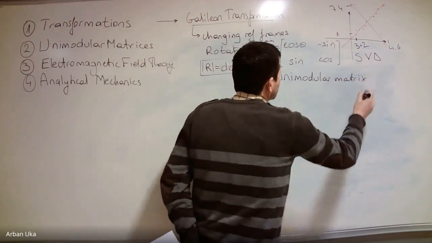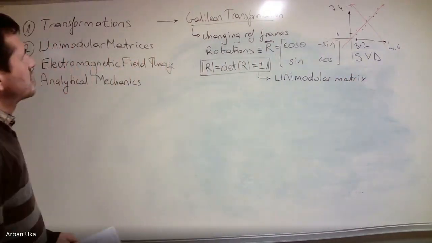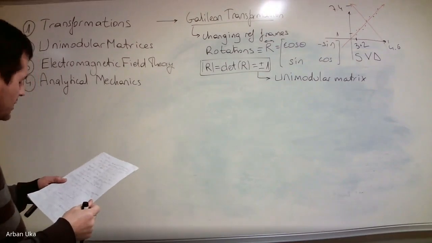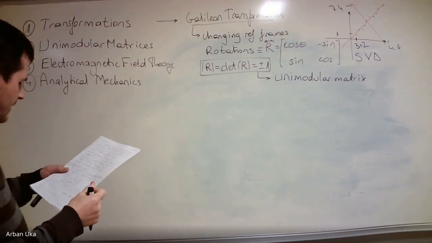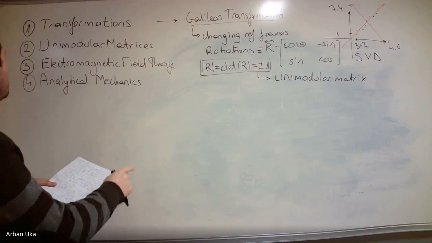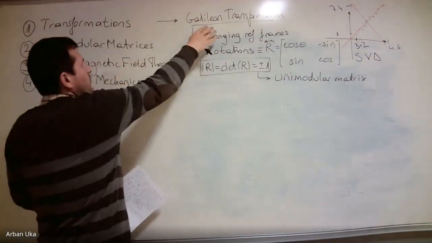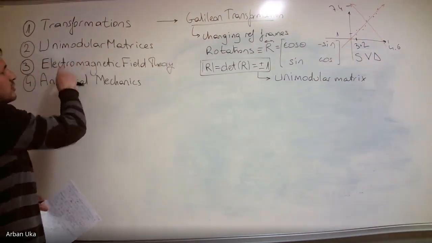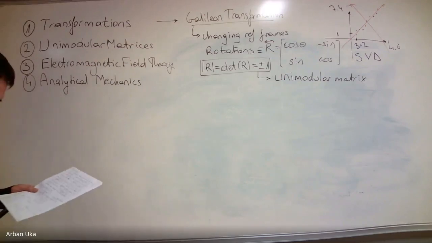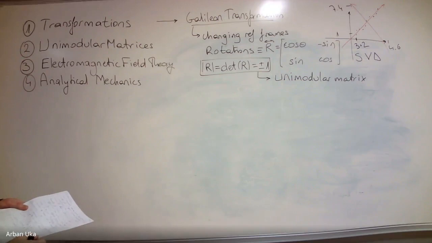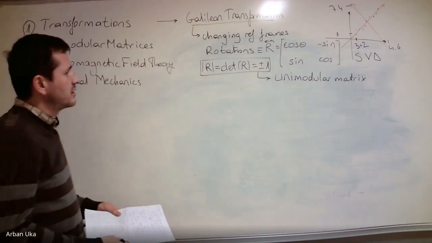So this was the first type of transformation we wanted to discuss. Now we immediately come to topic 2, which is specific matrices that have a specific determinant.